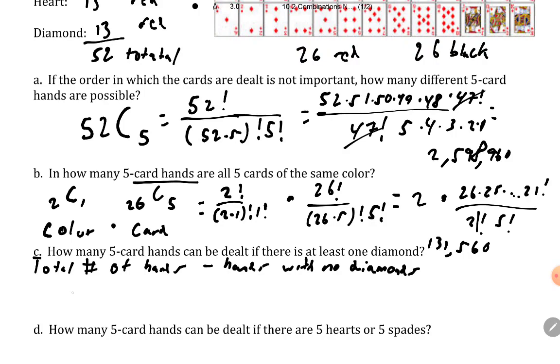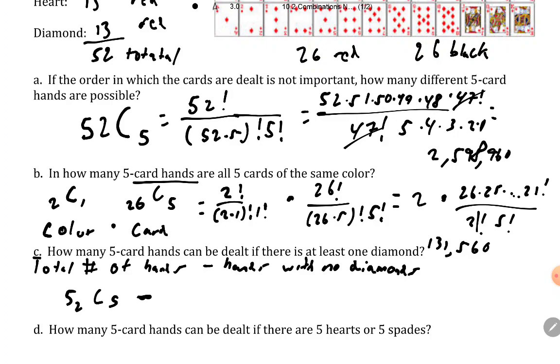Okay, the total number of hands is 52 choose 5. And we already figured that out in part A. And then we're going to subtract all the possible combinations where there's no diamond.